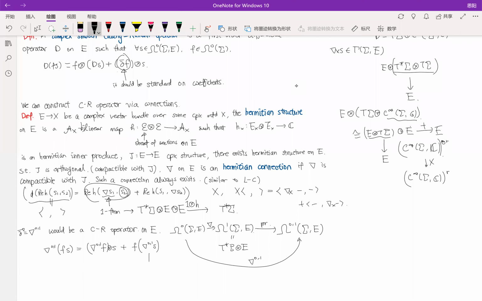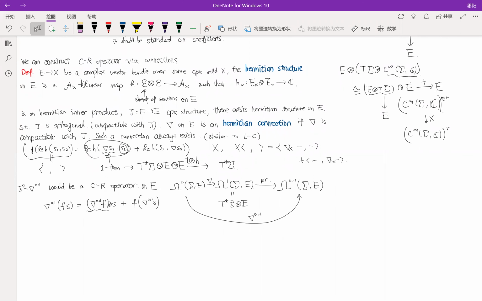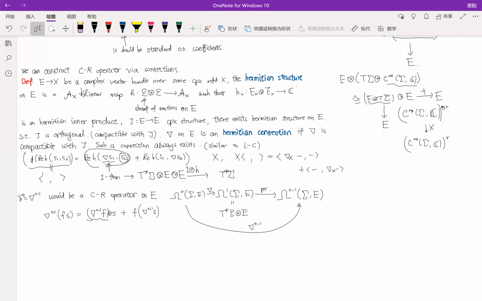So the second term does not matter, and we only need to see what happens on the first term. So we know that f is a global section.